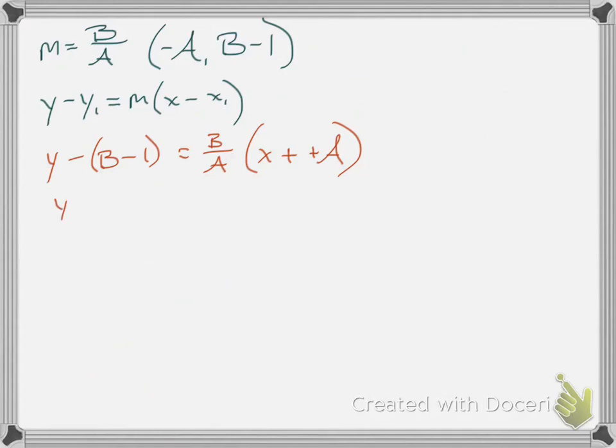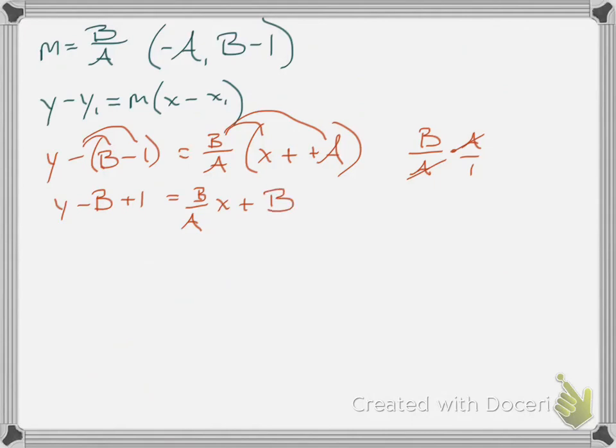So I have y, let's distribute this negative, minus b plus 1 is equal to, now I'm going to distribute that slope, b over a times x. When I multiply b over a times a, or a over 1, those cancel out. I'm just left with b.